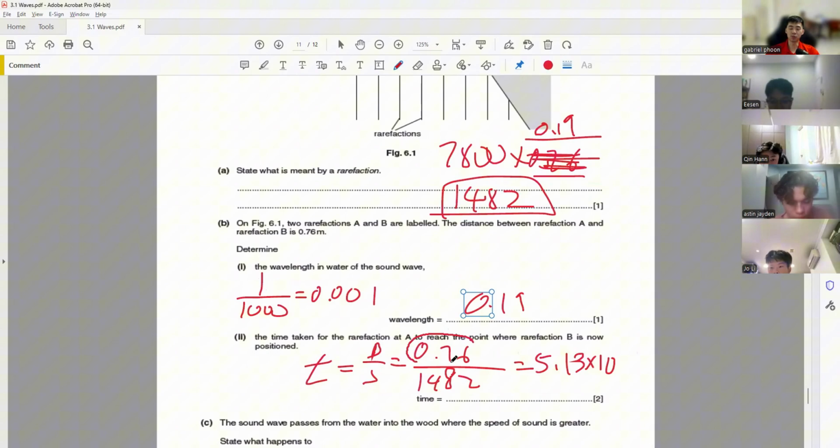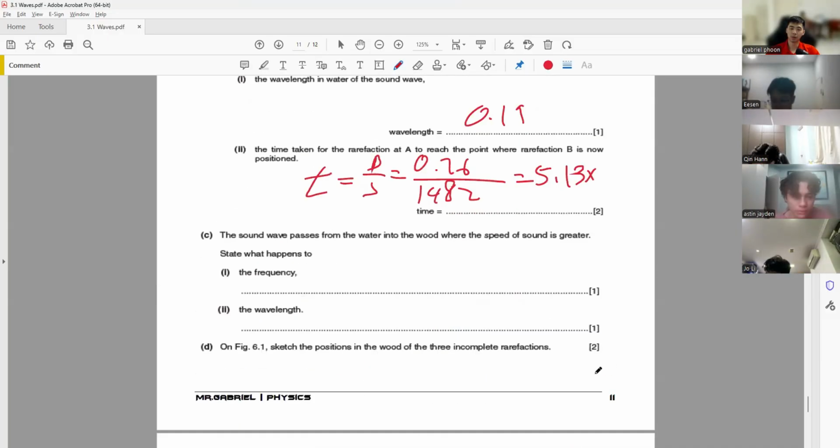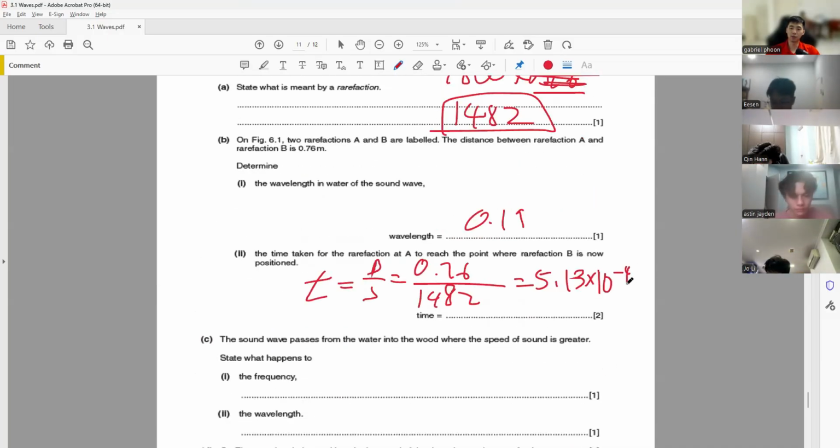Right now, I have an even smaller number and an even bigger number on top. How can it be times 10 to the power of 4? That's going to be like 51,000, bro. Are you sure you pressed the right thing? You're supposed to get times 10 to the power of -4, bro. What did you press wrong? Oh, I left out the negative, sorry. Yeah, it's supposed to be -4.